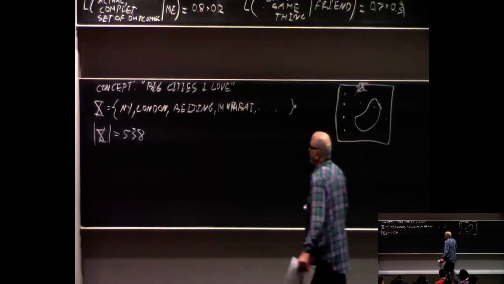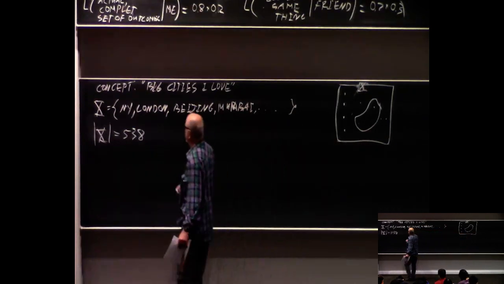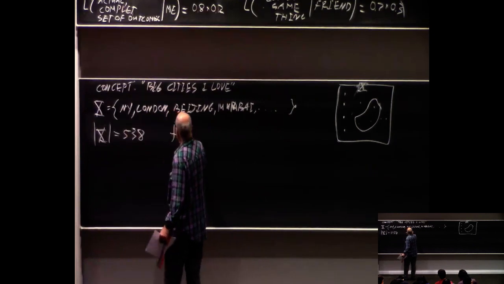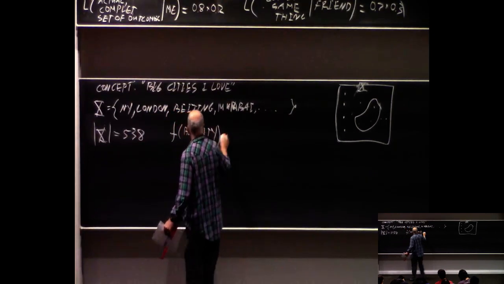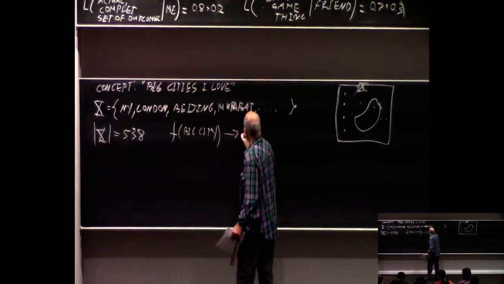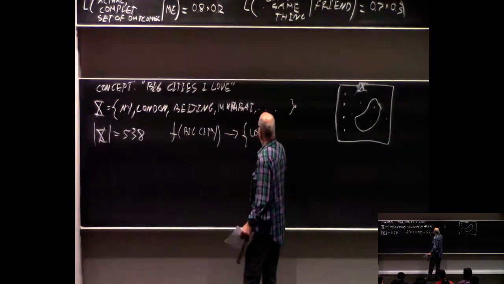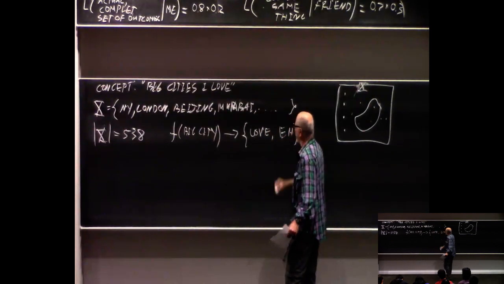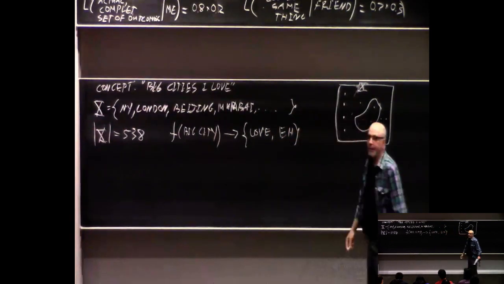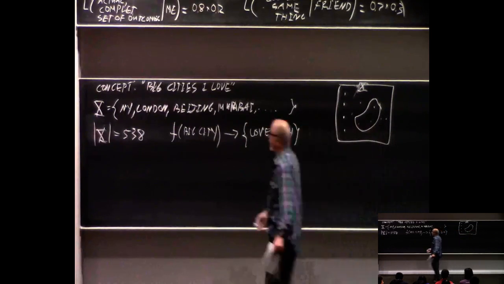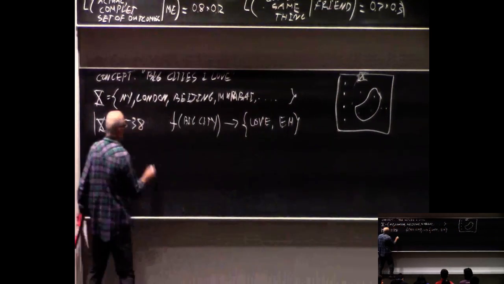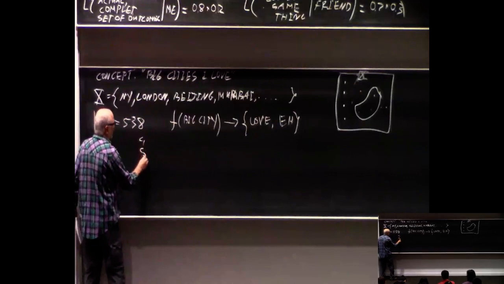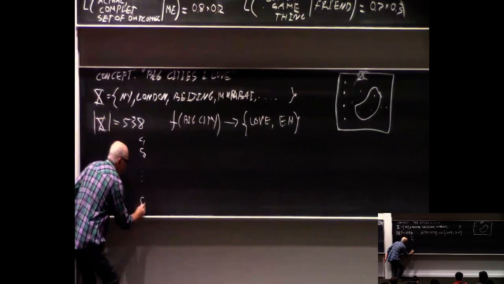The other thing I can do is a function that, given a big city, produces as output love or A. And the third thing I can do is enumerate those cities, city 1, city 2, all the way through city 538.